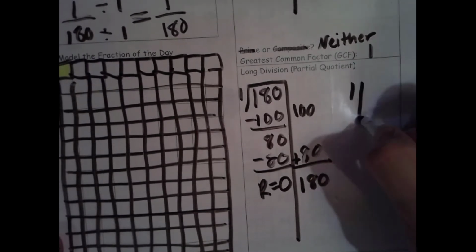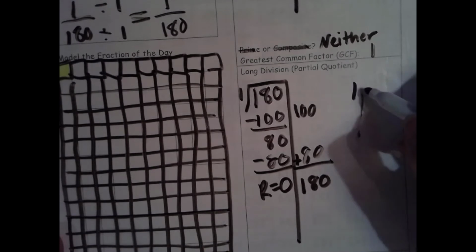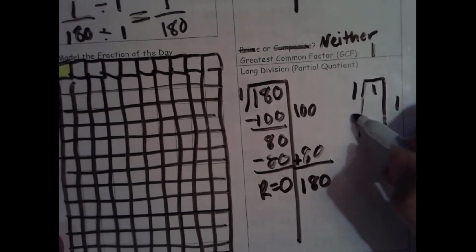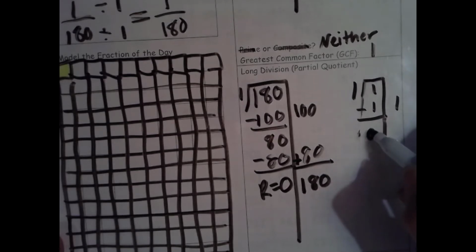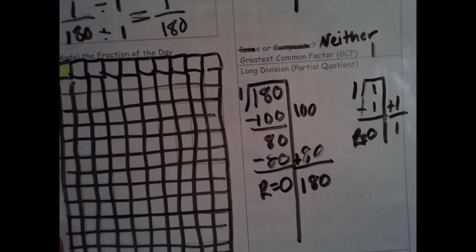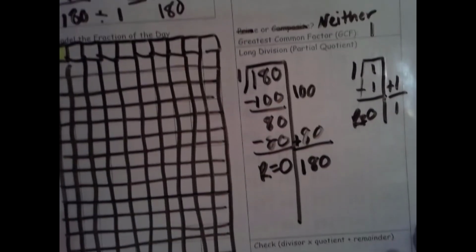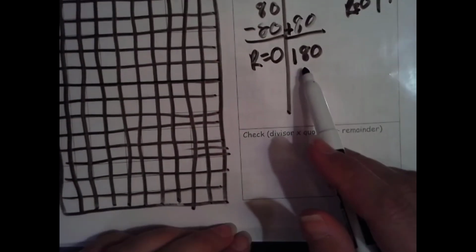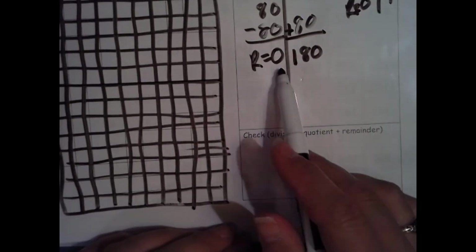1 divided by 1 is 1. Okay, and we can prove it with what's called our inverse operation. So our inverse operation is the divisor, which is 1, times our quotient, which is 180, plus our remainder, which is 0.